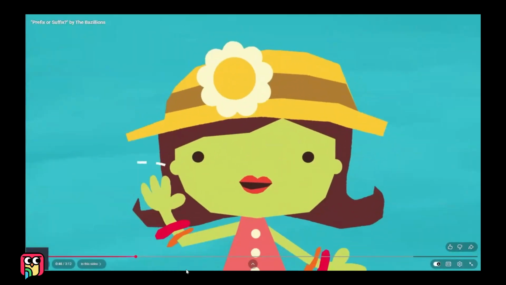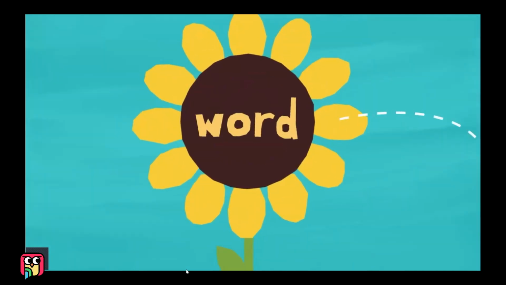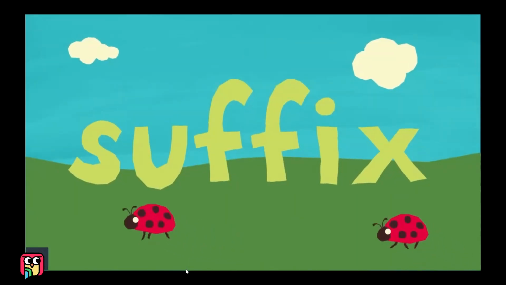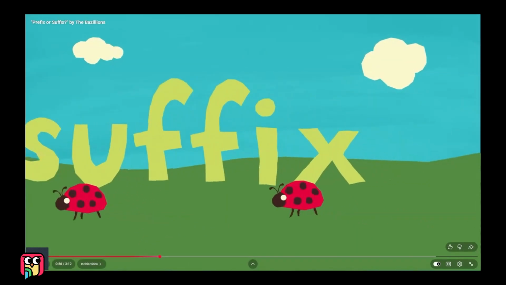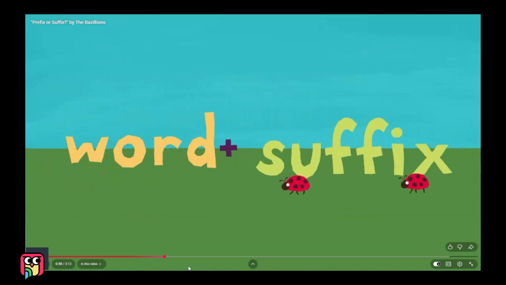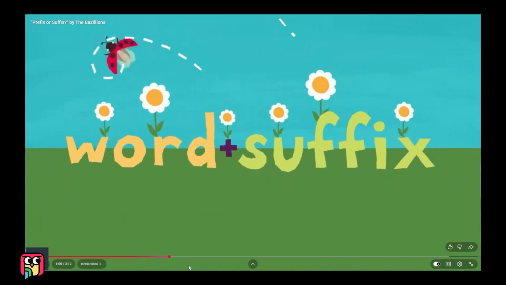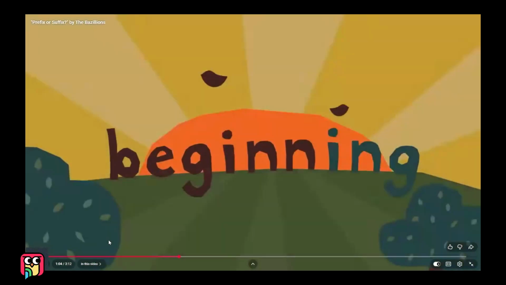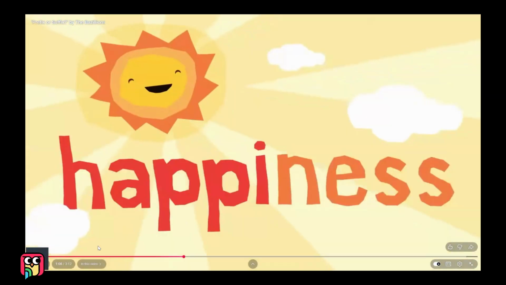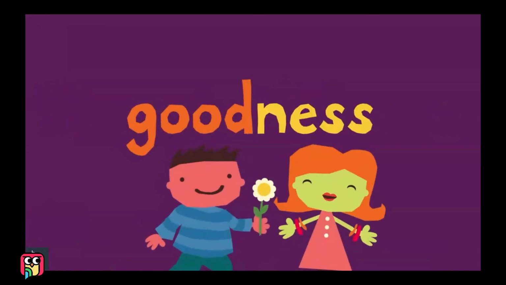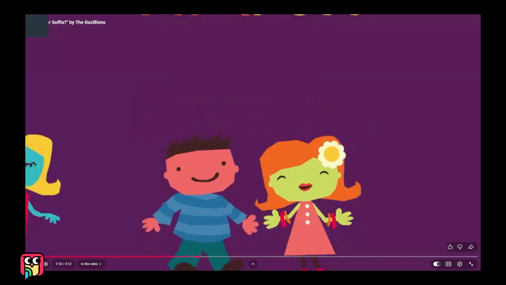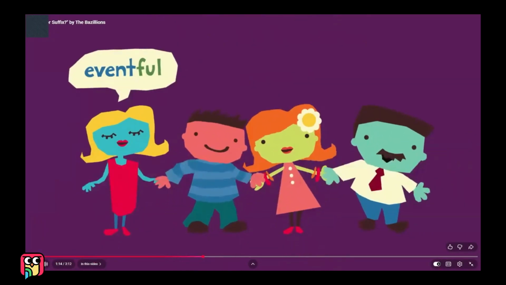Can you hear what fits after the root of a word, after the word is heard? That's a suffix, there it sits. Once it becomes applied, the word is modified. Like full, eventful, in beginning, ness, happiness, thoughtfulness, goodness, and kindness. Now that the word has changed, there will be something new for us to say.